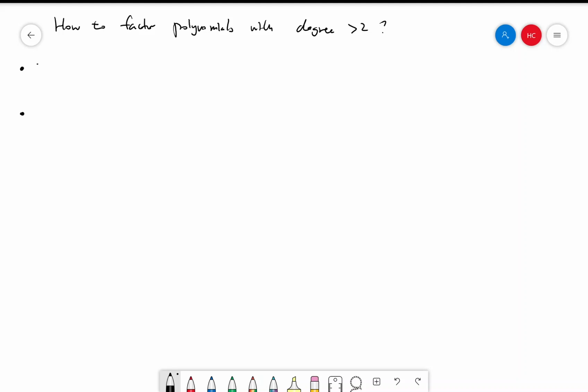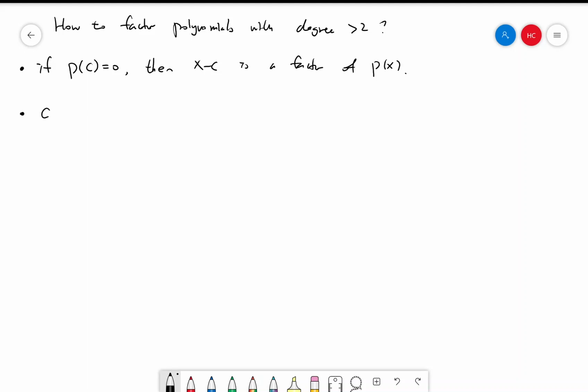So let's recall two important facts. If you plug a number c into a polynomial and it turns out to be 0, then x minus c is a factor of the polynomial. So all we need is to find numbers to plug into the polynomial. If it's 0, then we have found a factor. And now we have to figure out which numbers to plug in.